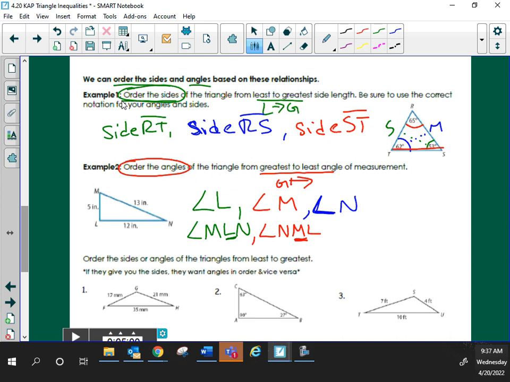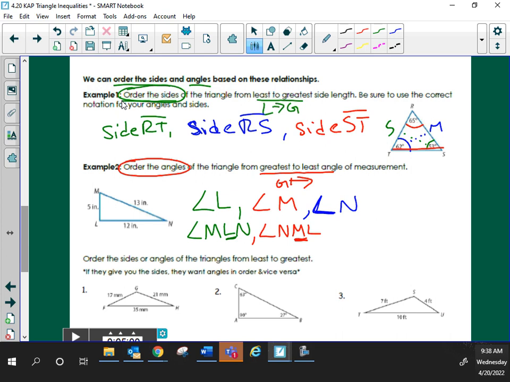Okay, starting maybe with angle N, if I just start right here, how do I figure out the sides from that? Give me an example and I can help you out. Like on this one where I had to order from greatest to least.